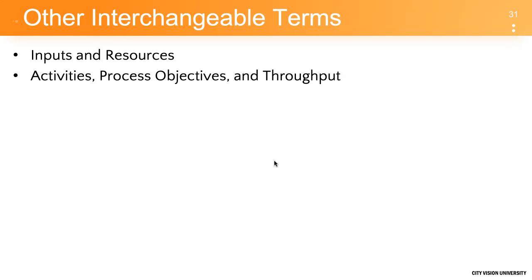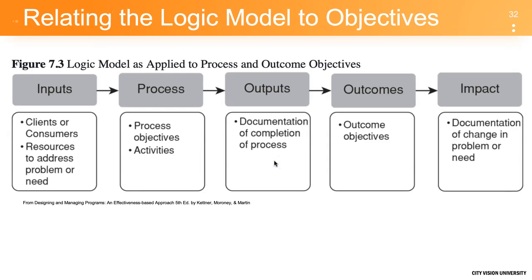Let's look at a couple of examples. In this slide from Kettner, the authors have taken their definition and they have grafted it or laid it over the logic model, the Kellogg logic model specifically. And so you can see here in outcomes, they term it outcome objective.